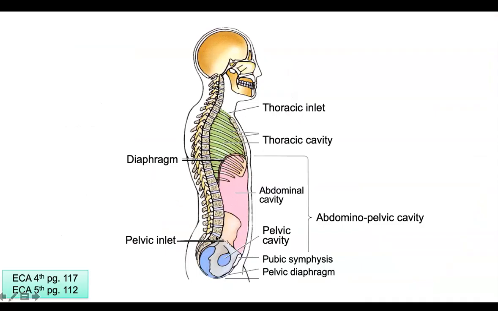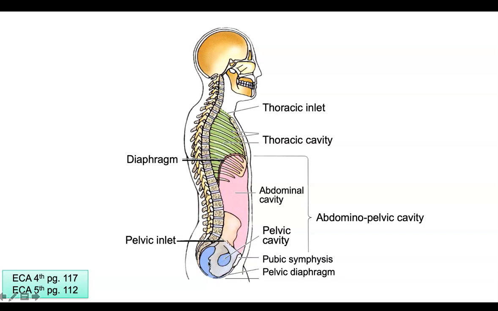So, the pelvic cavity. In this illustration, you can see the pelvic cavity is continuous superiorly with the abdominal cavity. The abdominal cavity extends from the respiratory diaphragm superiorly, and inferiorly it continues with the pelvic cavity.